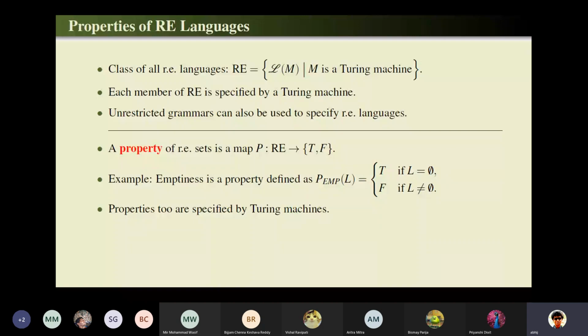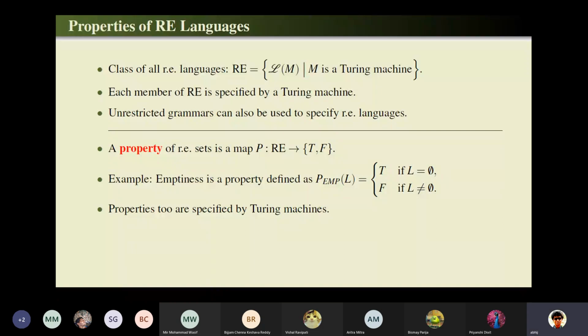Countably infinite, right? Whereas T comma F is 2. So the number of properties is basically 2 power aleph naught, which is actually equal to C, the size of the set of real numbers. Okay. Therefore, I cannot specify all the properties.